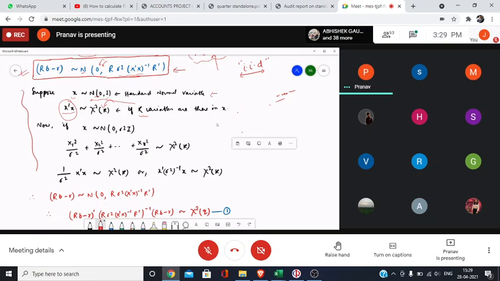Now, again, same x, and suppose this is still normally distributed with mean 0, but now the variance is given by this constant sigma square times identity.